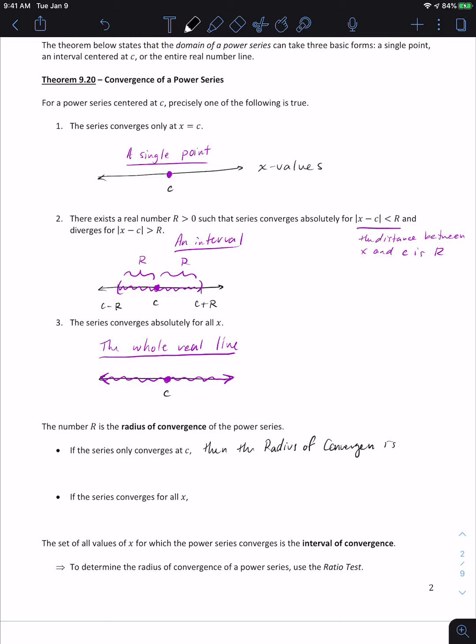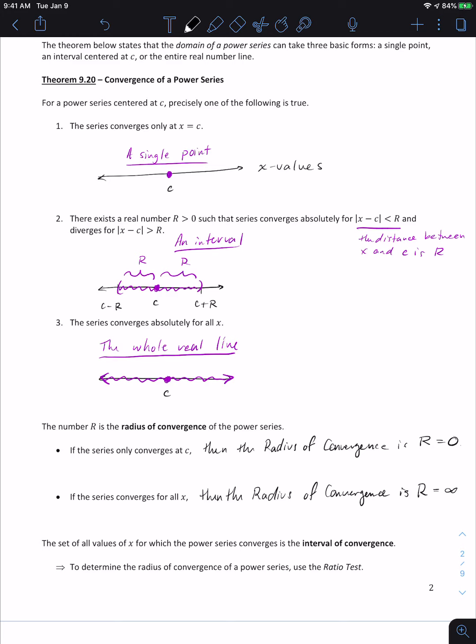is R equal to 0, right? In other words, there is no radius. It's just that single point. If the series converges for all X, then the radius of convergence is R equals infinity, right?